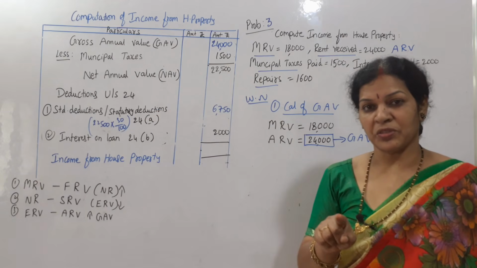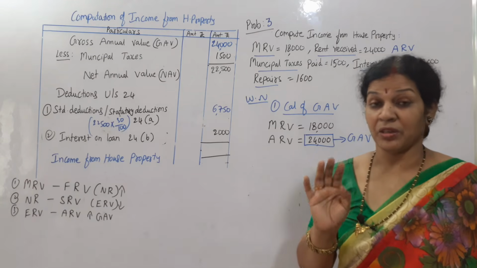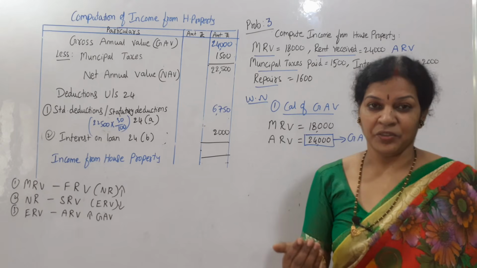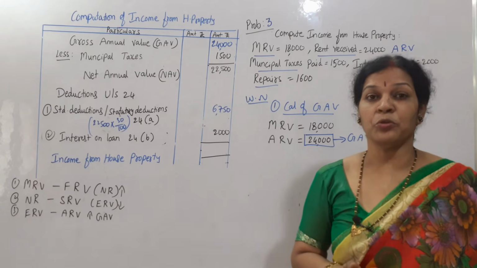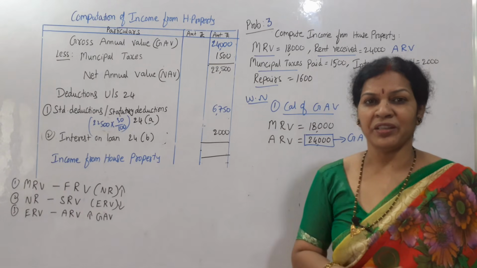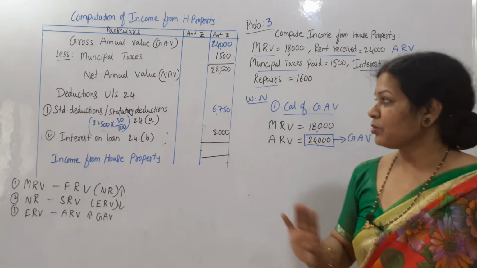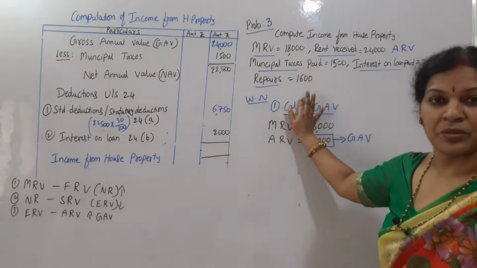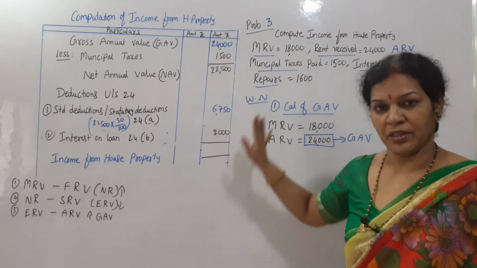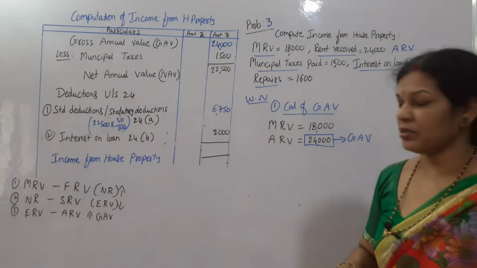Section 24 subsection B, interest on loan. That's all. If any arrears of rent, if we are receiving now, that is also to be added, but after the 30% deduction, like we have done in the previous class. So we are ignoring these repairs. It is nothing to do with our calculation of income from house property. Just ignore it.